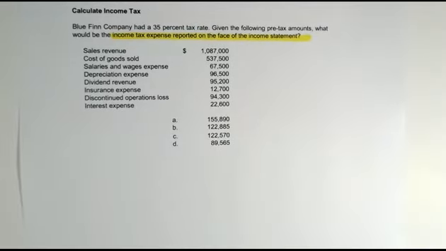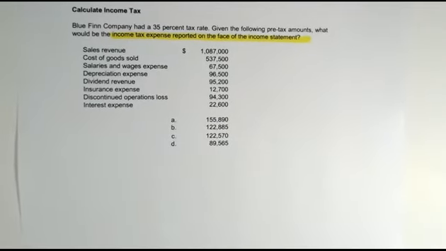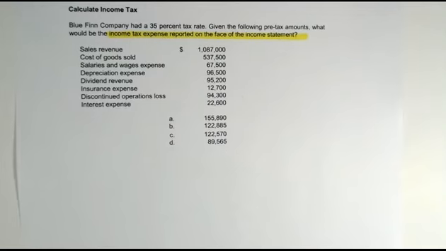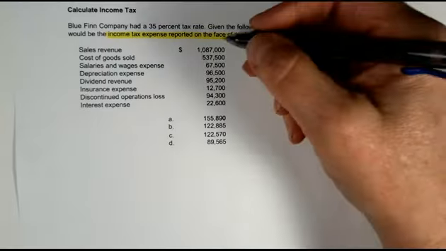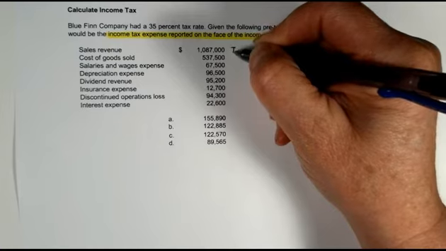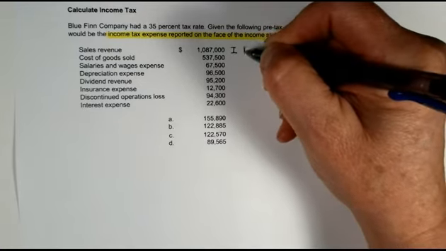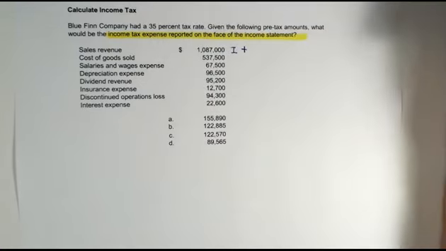All right, so let's go through, and we're going to code anything that is going to get included in that income from continuing operations. We're going to put a big I next to it, and then we'll put a plus or a minus so that we know if we are going to add them or not. So sales revenue, absolutely, that's income from continuing operations, and that is a plus.